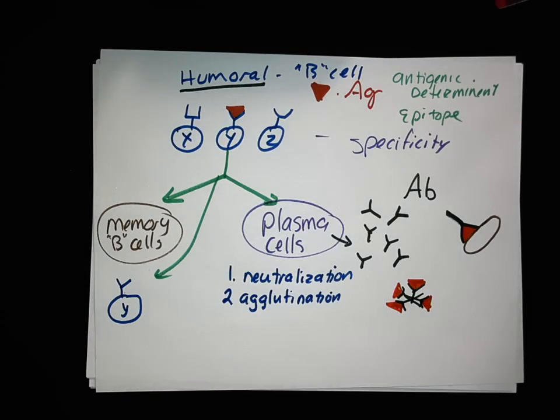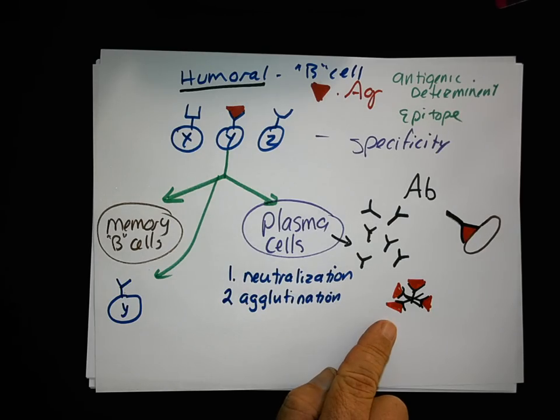They agglutinate. Next week we'll run an experiment on blood typing and show what agglutination actually looks like. But again, if they're tangled up, they cannot cause infection. They've been taken care of.